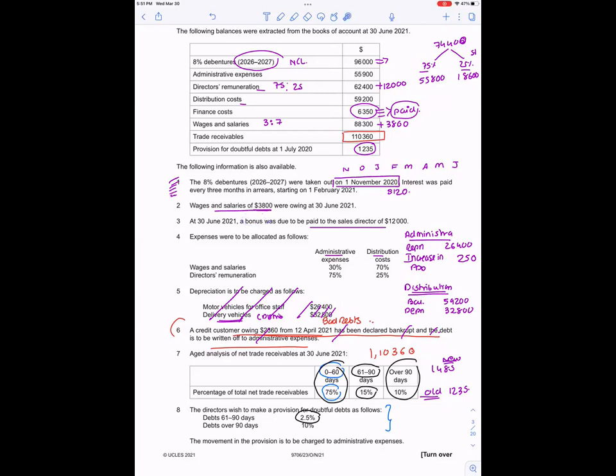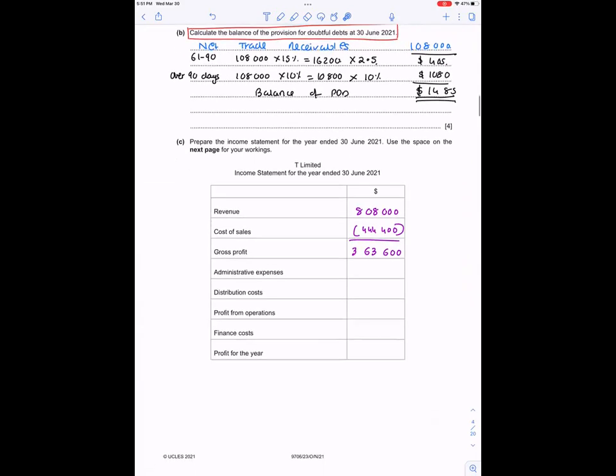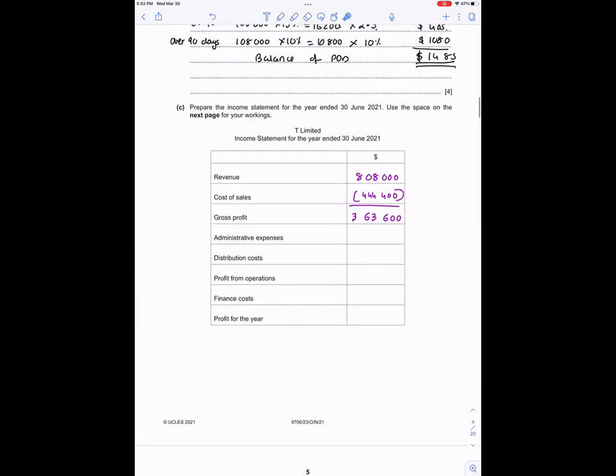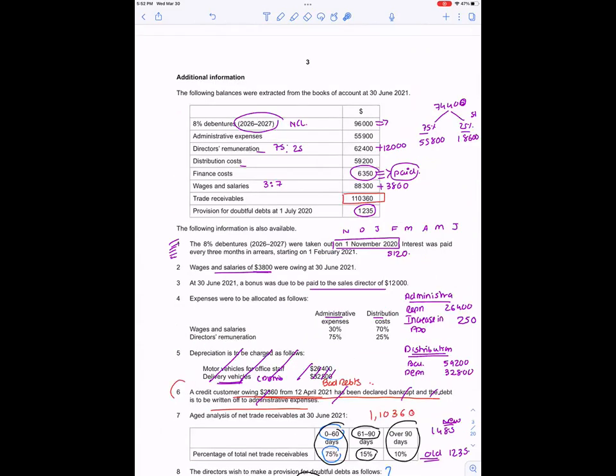I couldn't find it, because the MS is doing distribution of director's remuneration directly with this amount, 62,400. The 12,000 isn't included at all?